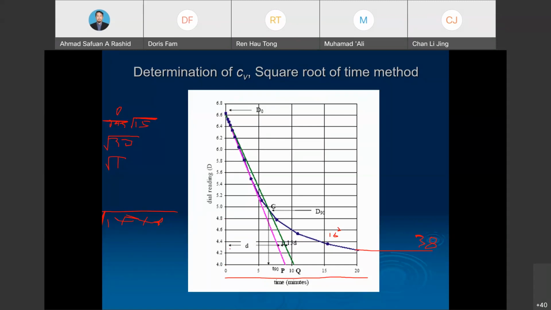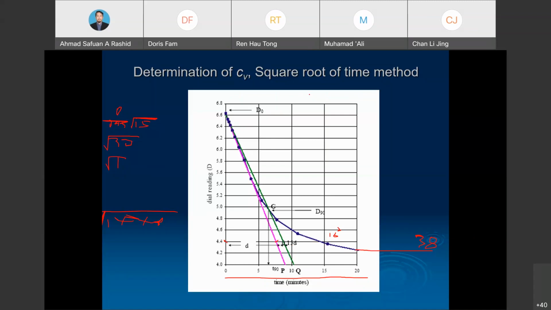For example, for this case, from here to here. So we name as a D. Then this D we should multiply with 0.15, and then extend it the same value with what we have multiplied, 0.15D.